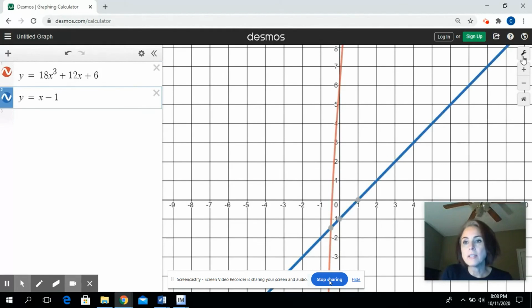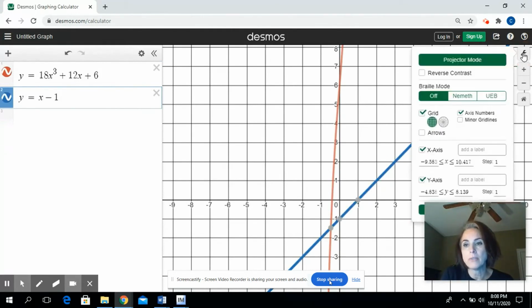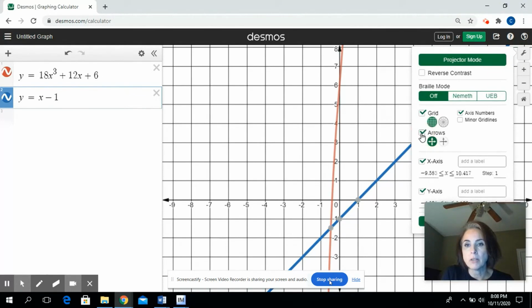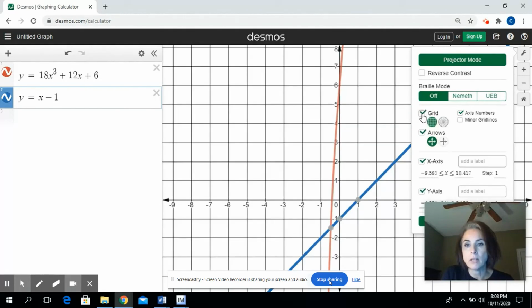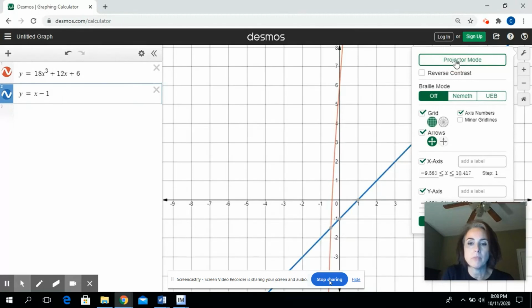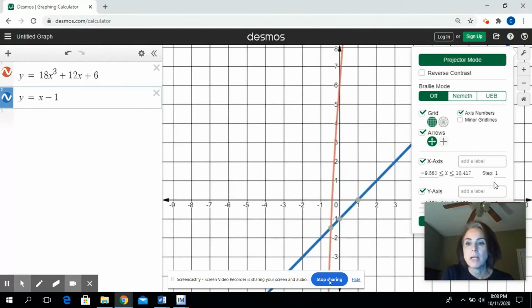Now just so you can see, over here there's a graph setting. Normally you'd want to step by one. You can put arrows on them if you want. You can do grid lines or no grid lines. Grid lines are better. You can do projector mode or not projector mode. Not projector mode, the lines aren't as dark. But I like to step by one.